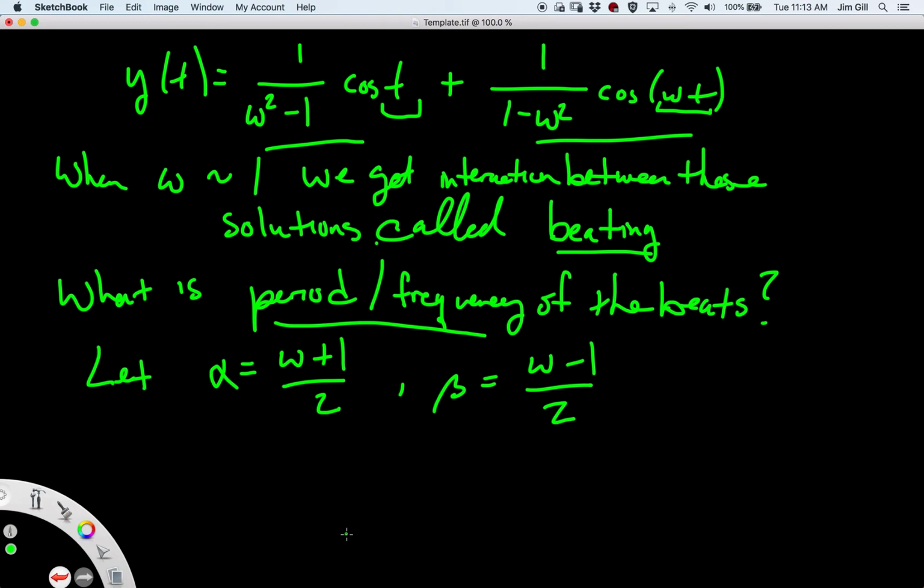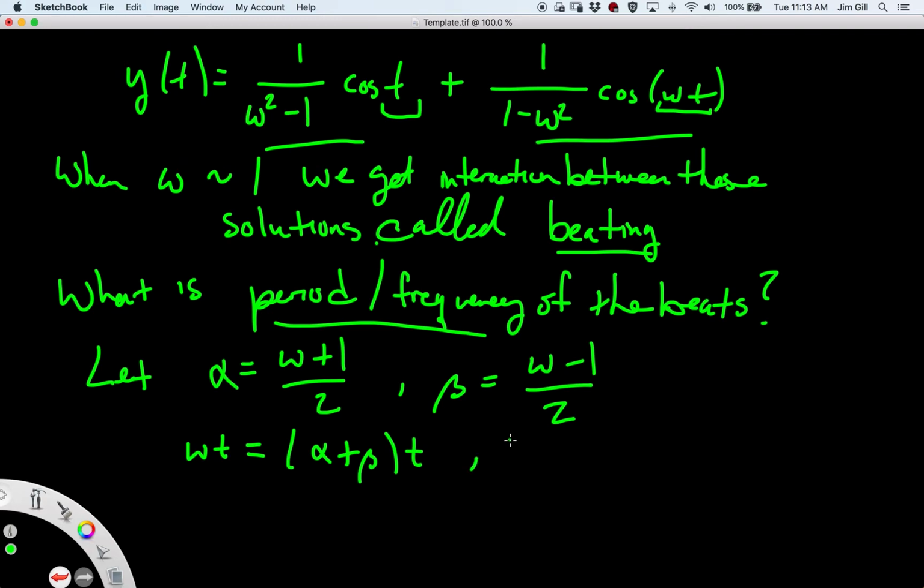Once we do that, we can rewrite some things here. Now, omega times t, which is the argument of the cosine in the particular solution, could now be written as alpha plus beta times t, because omega is really the sum of alpha and beta.